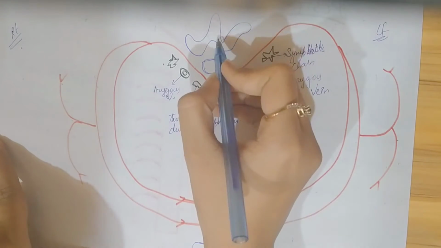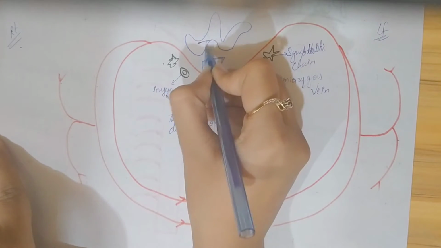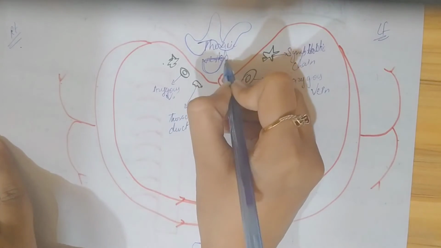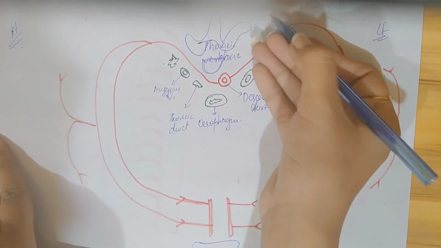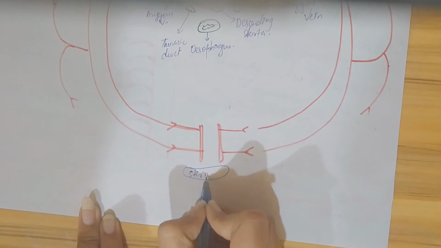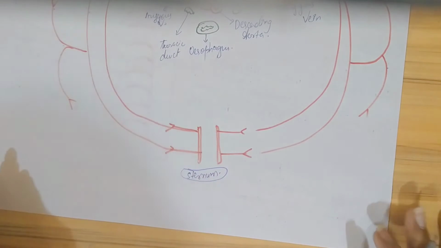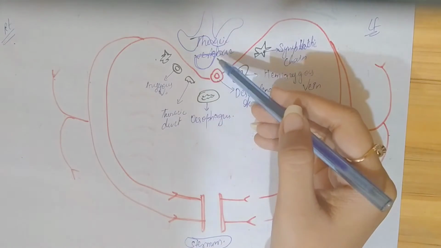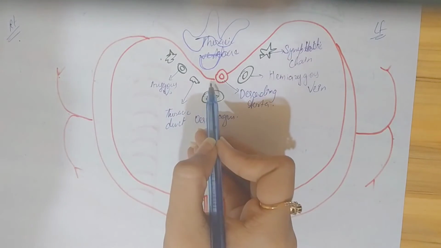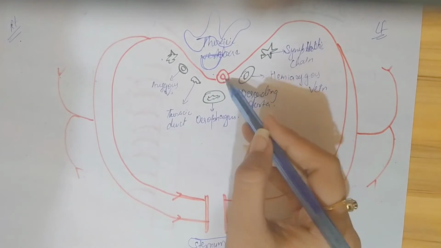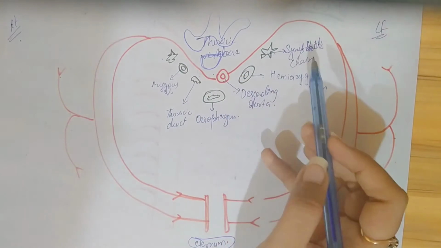Focus here, this is the thoracic vertebra. So this would be the posterior side and this would be the anterior side, as here we have the sternum, right? Here we have the sternum and here we have the thoracic vertebra. This posterior intercostal artery is anterior to the thoracic vertebra and behind all these things, right?